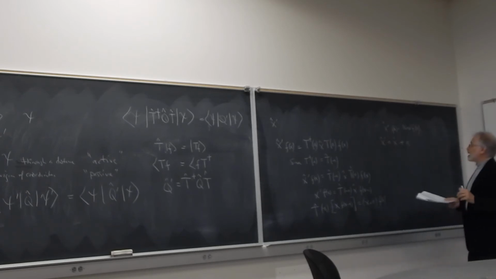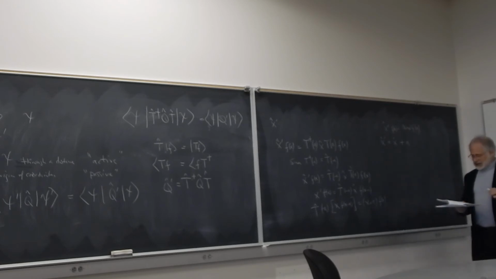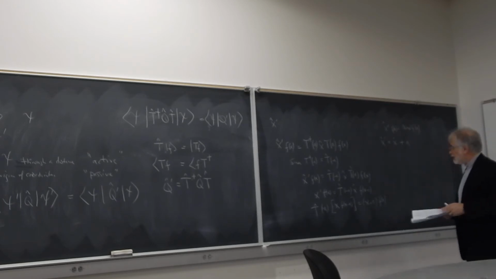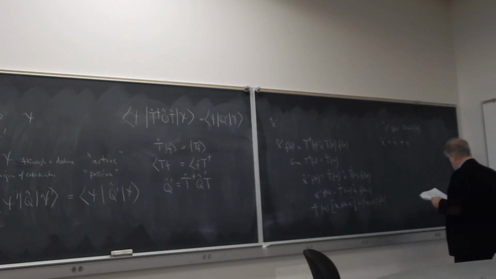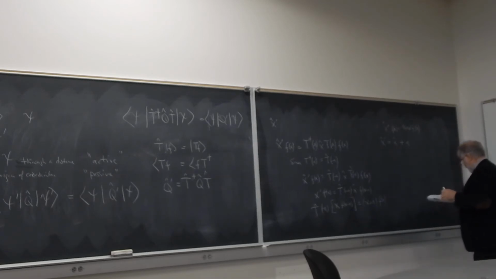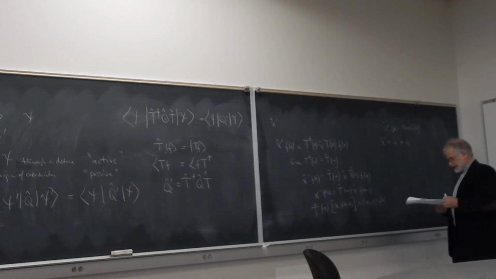So x prime operator tends to shift the coordinates to the left by a distance a, so that the position in transformed coordinates would be greater by a than in the untransformed coordinates.